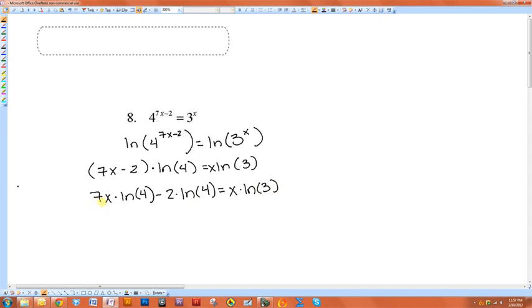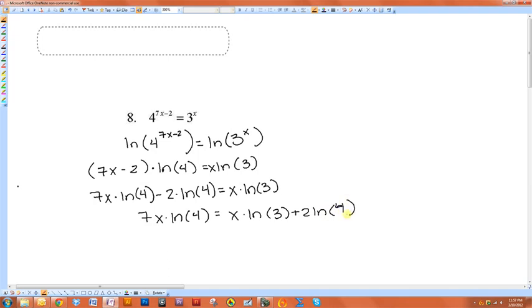Okay, so I want everything with an x to be over here on the left and everything without an x to be on the right. So I'm going to add this to both sides. So I'll have 7x times the natural log of 4 equals x times the natural log of 3 plus 2 times the natural log of 4.